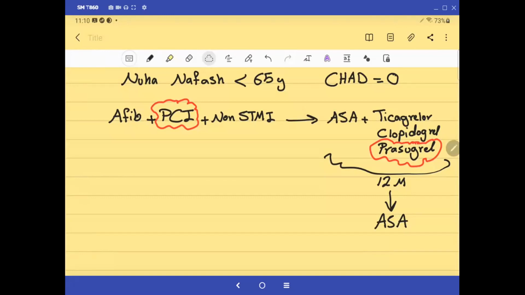But the only difference is that Noha Nafash can receive aspirin plus prasugrel. So this is why they are somehow relatives, but they are not twins because there is a slight difference.